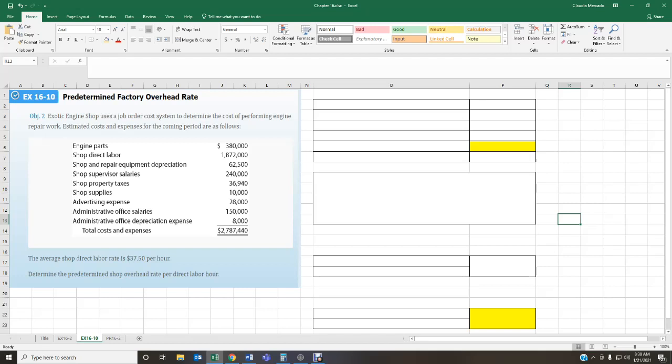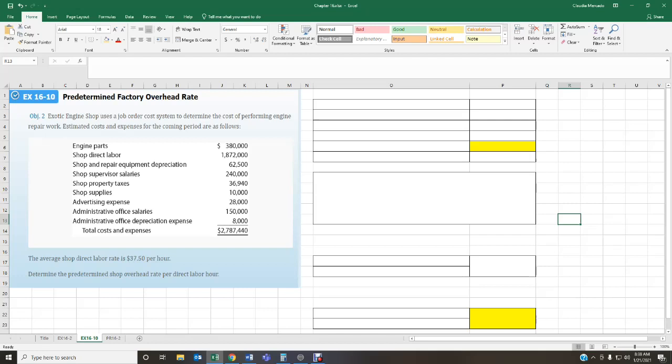Now, before we even start calculating, it's very important that we understand what overhead is. Factory overhead basically includes all manufacturing costs except direct materials and direct labor. So if it's direct materials or direct labor associated with the factory, in this case an engine shop, then that is not overhead.